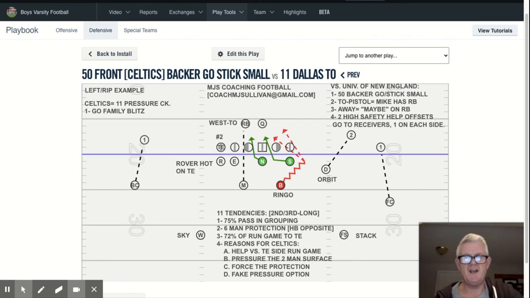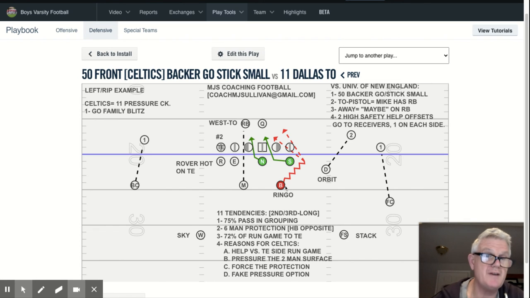Okay. And then the last thing I'm talking about down here is this fake the pressure option. Okay. Everybody can see when your inside linebacker hedges to the edge, no matter how good they are with timing it up. So what we will do is we will fake the pressure. Okay. We'll just run our base 50 with our match quarters coverage behind it.